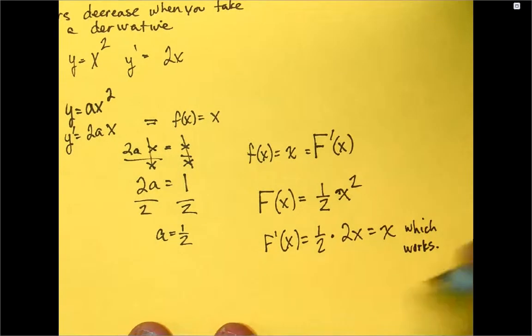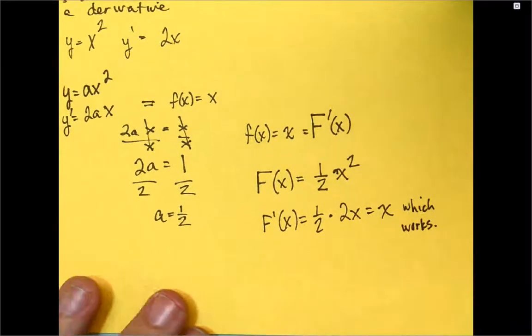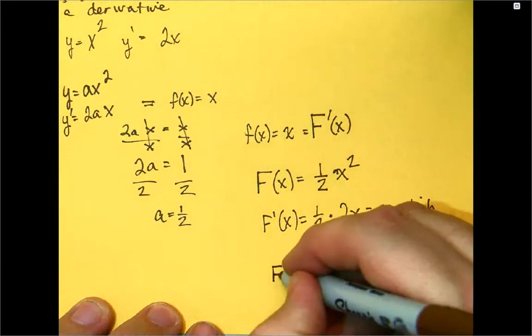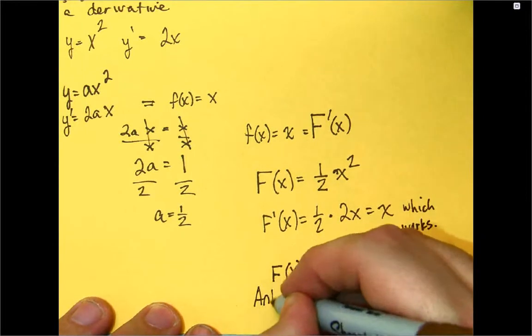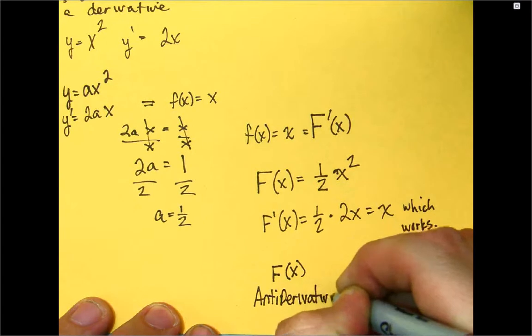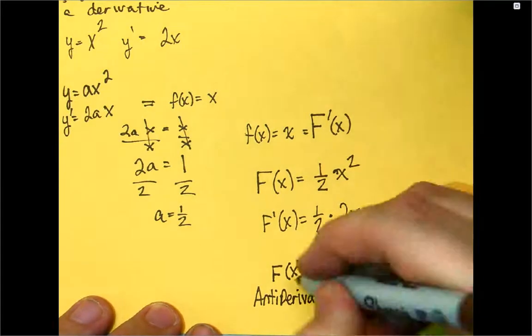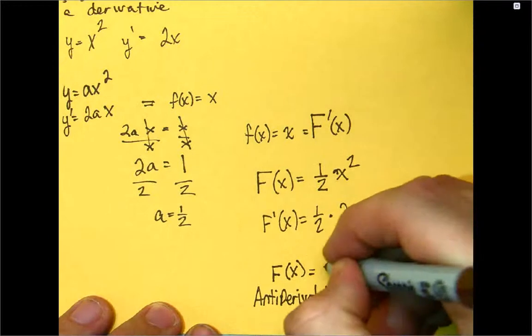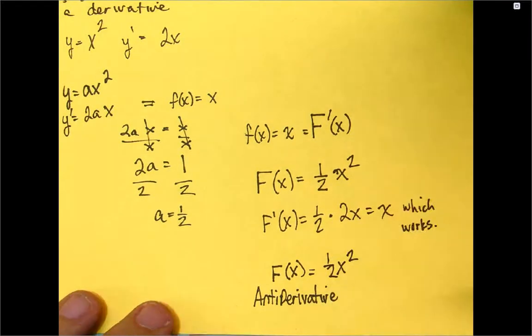Now, I'm going to end with a cliffhanger. So we figured out big F of x, which is what we call an antiderivative. It's an antiderivative because it does the opposite of the derivative. It gets us back to the higher order function. We figured out it was 1/2 x squared. So our higher order function is 1/2 x squared.